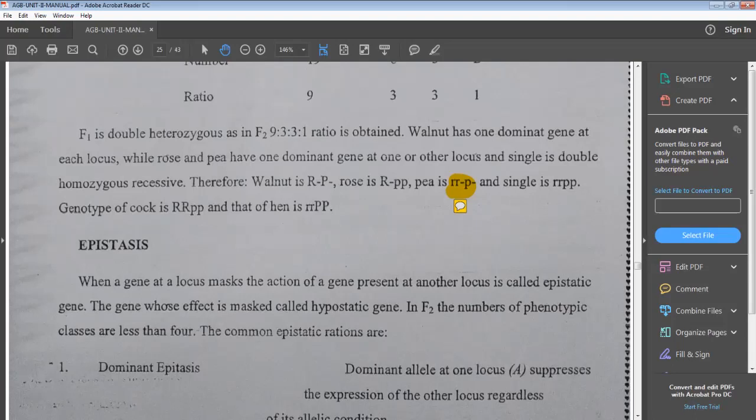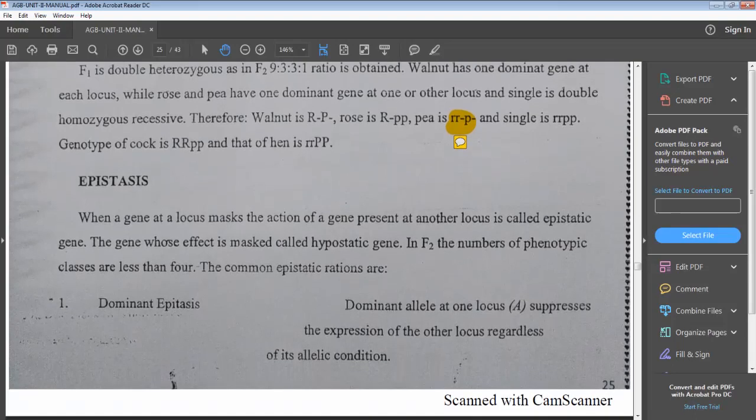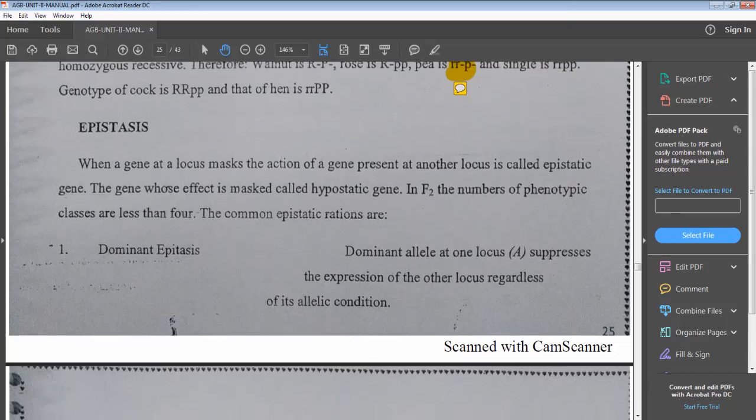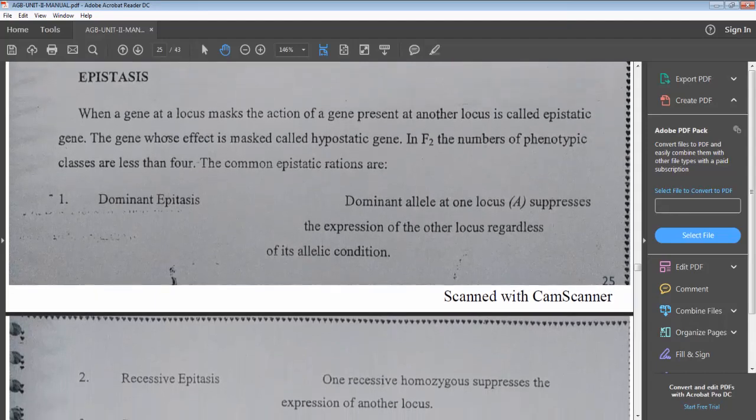Next is epistasis. Epistasis is when a gene at a locus masks the action of a gene present on another locus. This is called epistasis. The gene whose effect is masked is the hypostatic, the other is the epistatic gene. Epistatic will mask the effect of the hypostatic gene. In F2, the number of phenotypic classes is 4 or less than 4.